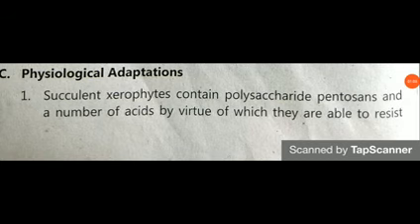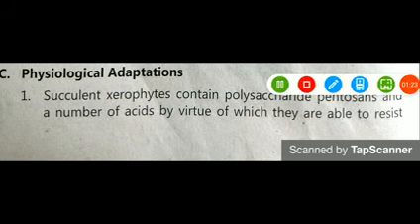What types of physiological adaptations take place inside the plant body in the xerophyte? The first is the succulent xerophyte. Succulent xerophyte means storage. Succulent xerophytes contain polysaccharide. This is an important note.